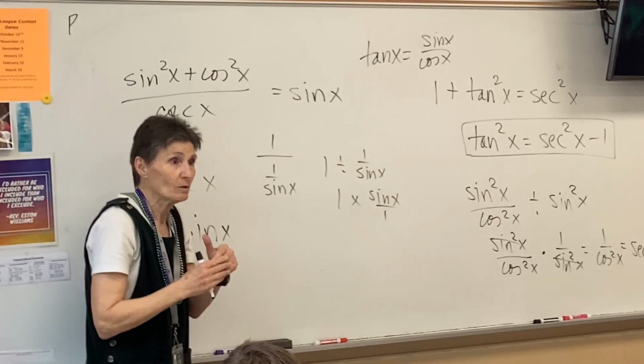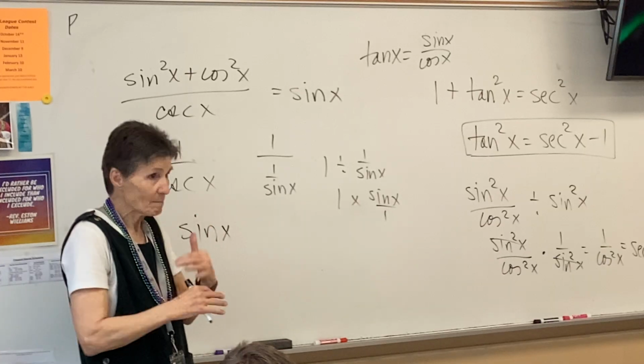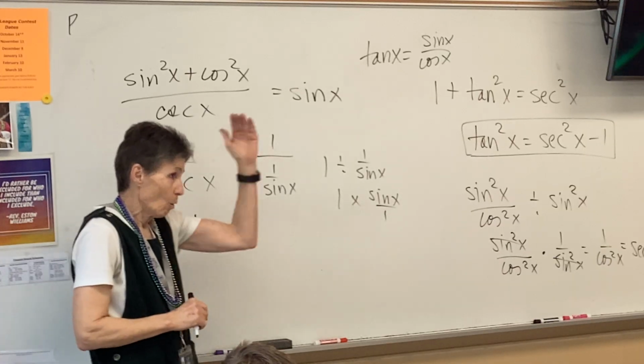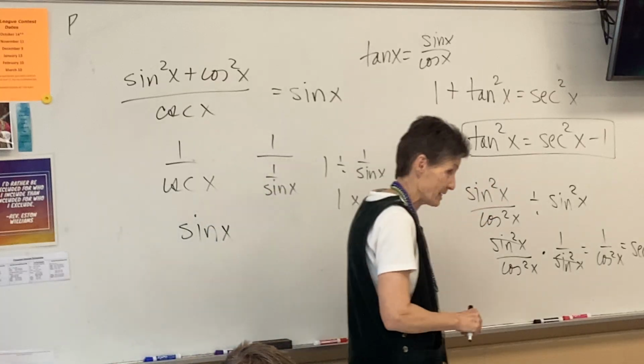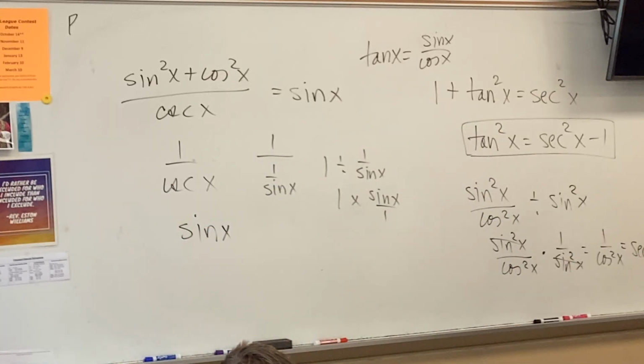The reciprocals are reciprocals. So, if you don't already have that memorized, you can add it to your sheet. 1 over sine is cosecant. 1 over cosecant is sine. 1 over tangent is cotangent. 1 over cotangent is tangent. 1 over cosine is secant. 1 over secant is cosine.